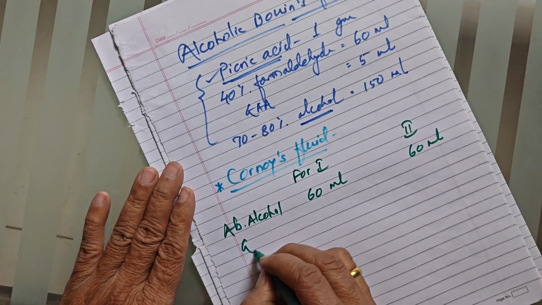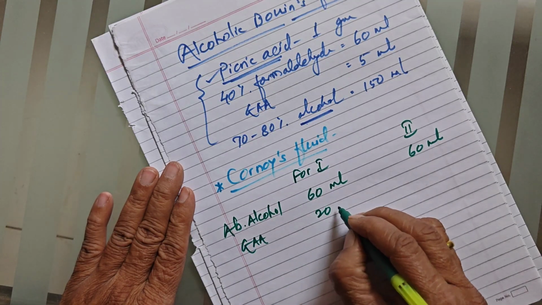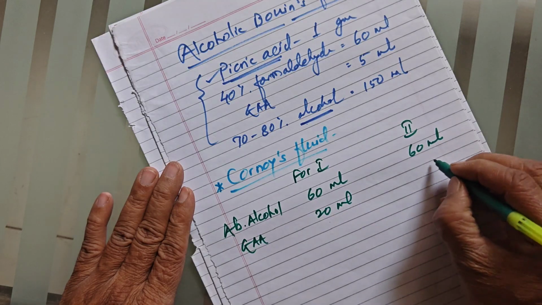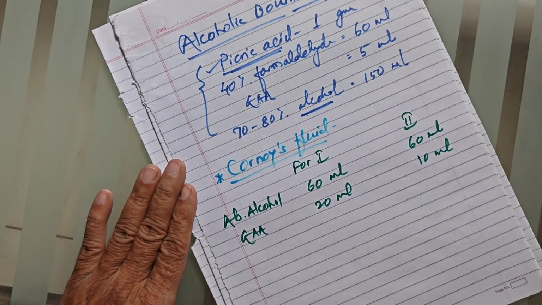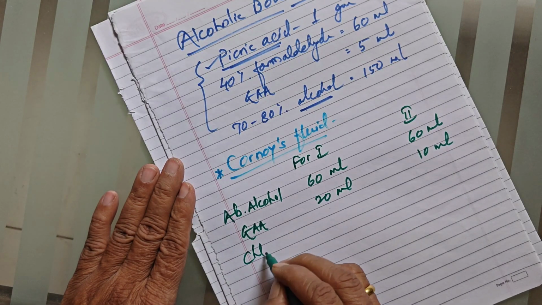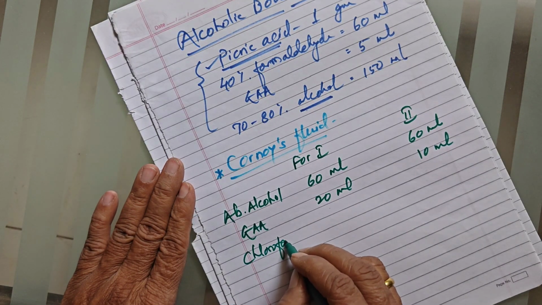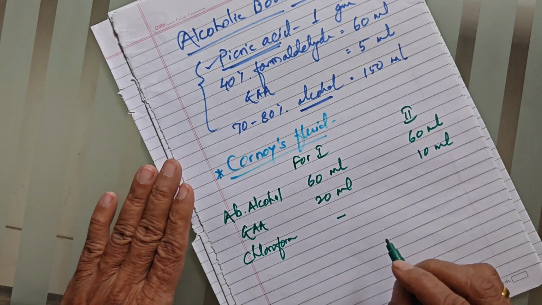Then glacial acetic acid, just 20 ml in formula first and 10 ml in formula second. And the third component is chloroform. In formula first, chloroform is not used.